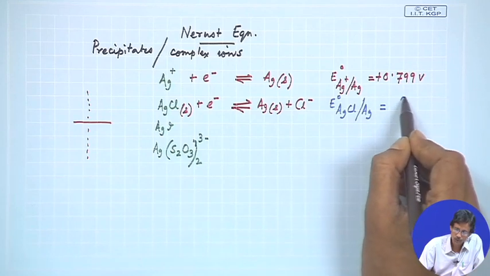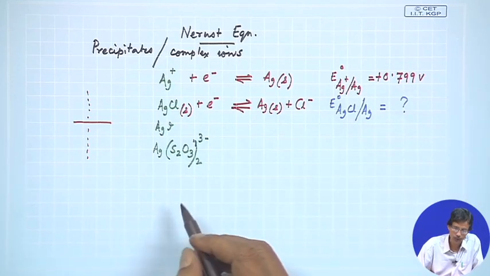So, how do we know the magnitude of this E0 value?